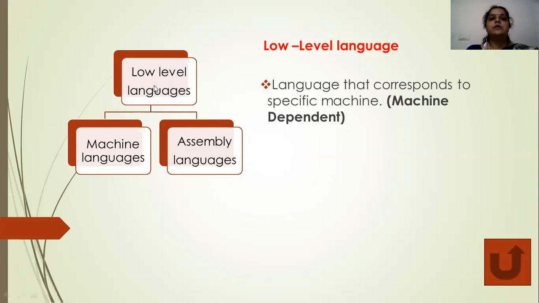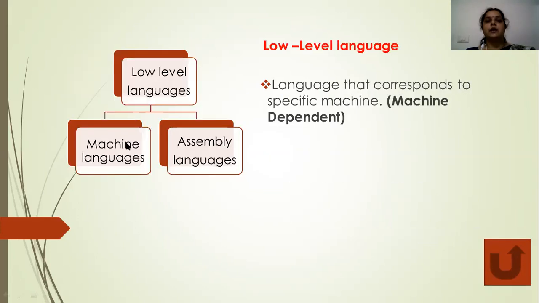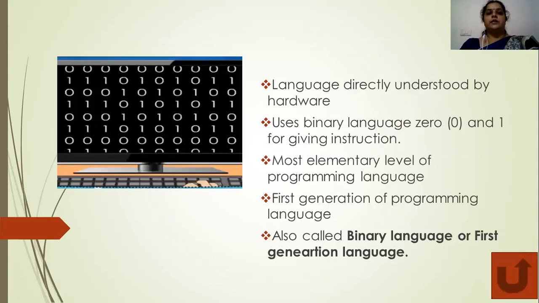Now low level languages are again classified into two types: machine language and assembly language. So what is a machine language? A language directly understood by the hardware.